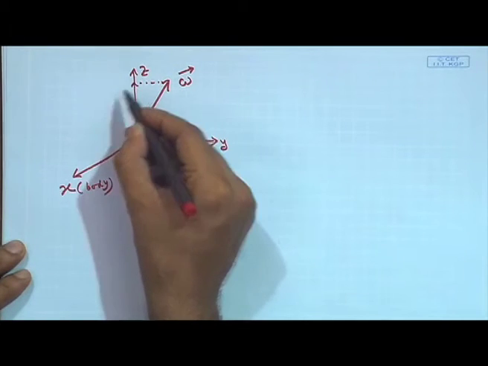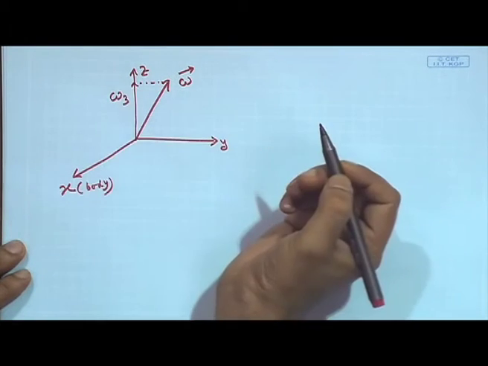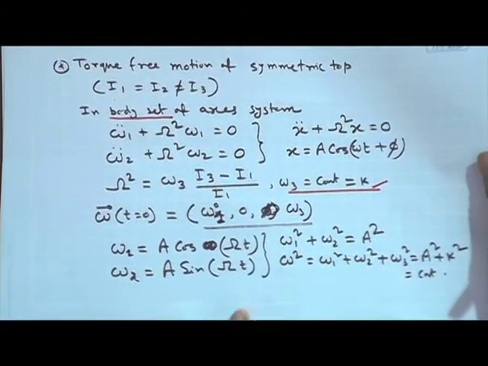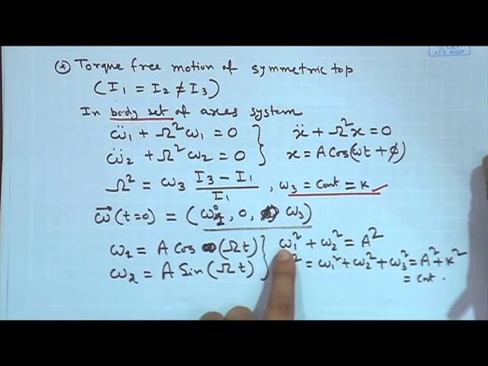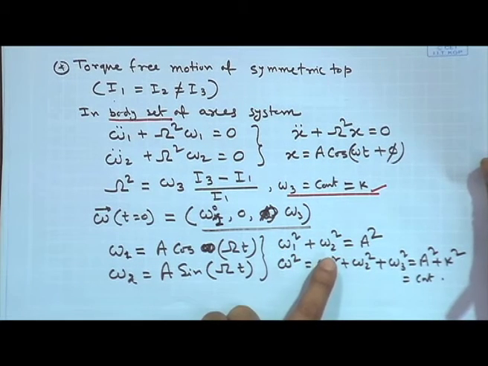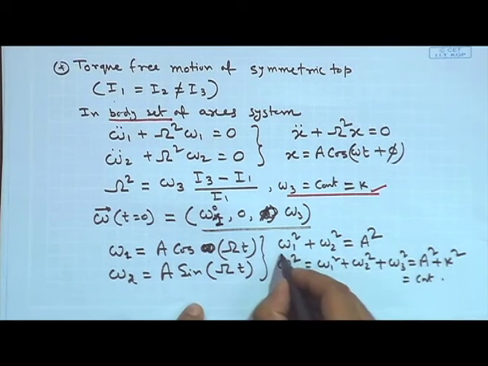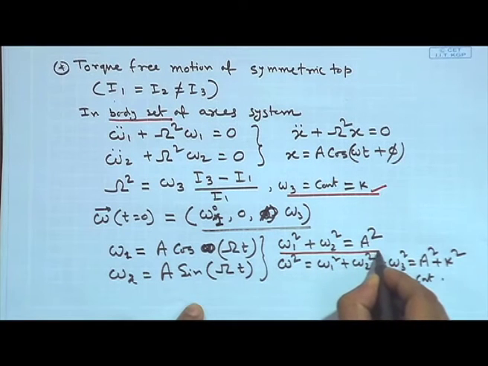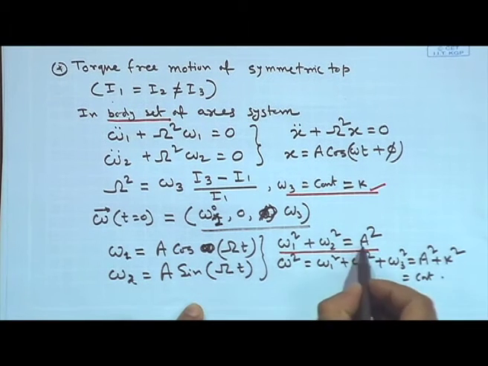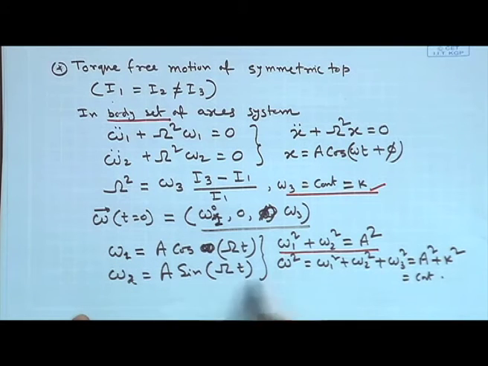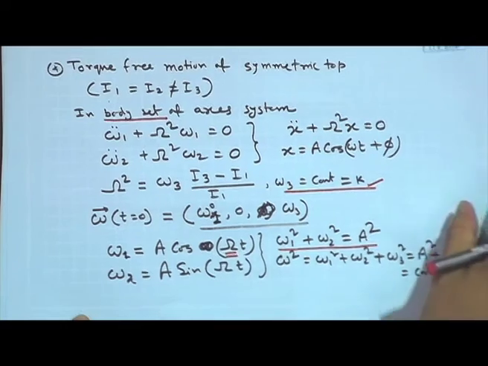Okay, so this is your omega 3, and this result means the magnitude of the projection of your omega in the xy plane remains constant, but the projection precesses around the body z axis with an angular velocity omega.